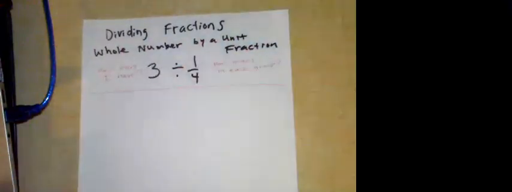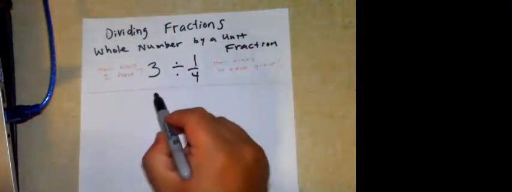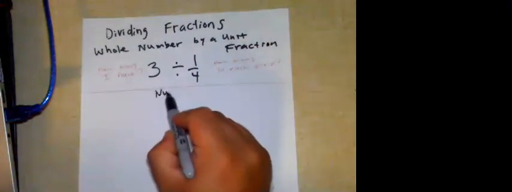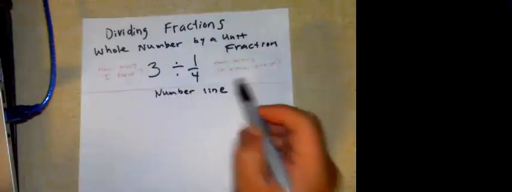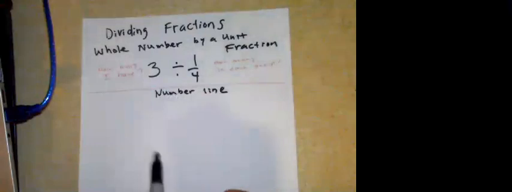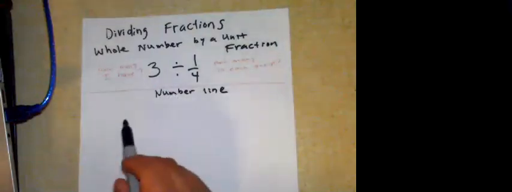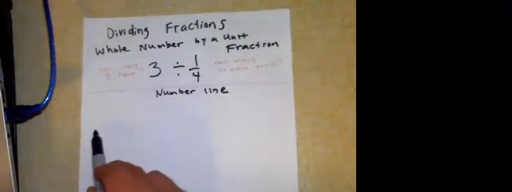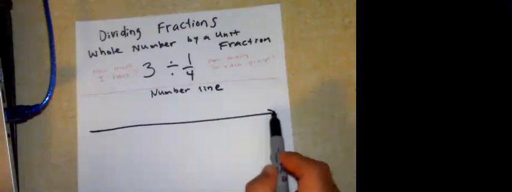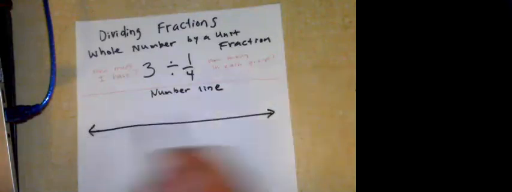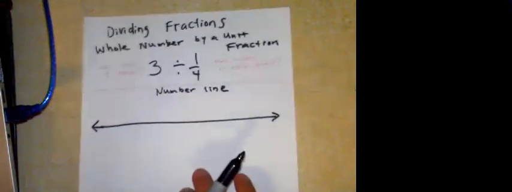Okay, so step 1 is we're going to use a number line. A number line is pretty simple. You just draw a straight line. And these arrows represent infinity, going forever.